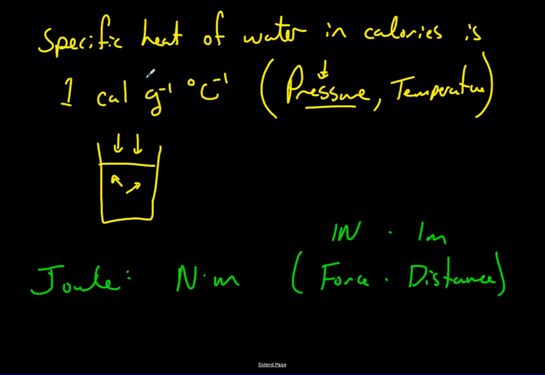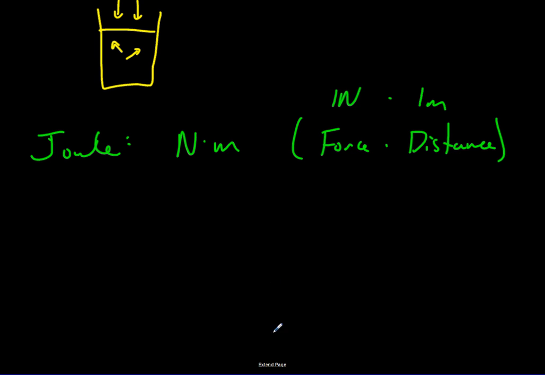Okay? So in terms of joules, how do we convert between the two? Well, 1 calorie is equal to 4.186 joules. Okay, so the specific heat of water in terms of joules is just that number.